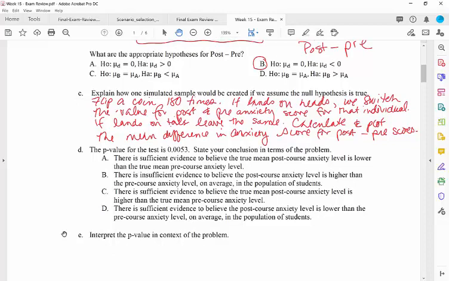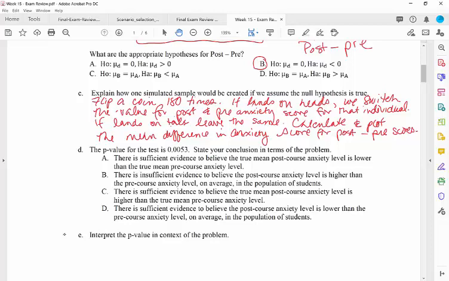A conclusion is always written about the alternative hypothesis. So here we're trying to show that our post-course scores are lower than our pre-course scores on average. A p-value of 0.0053, is that strong evidence, little to no evidence? Strong evidence.